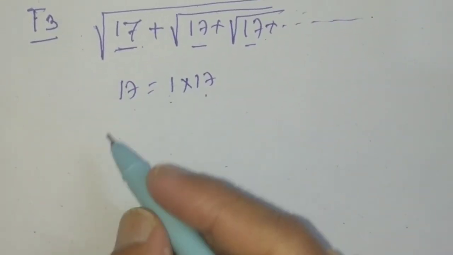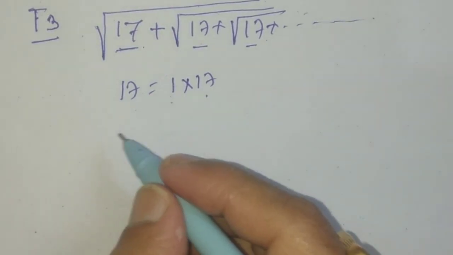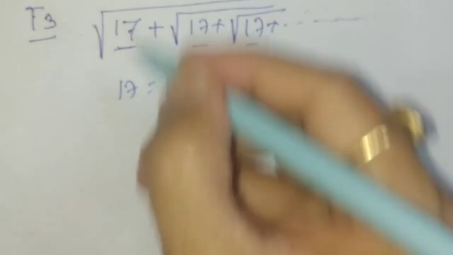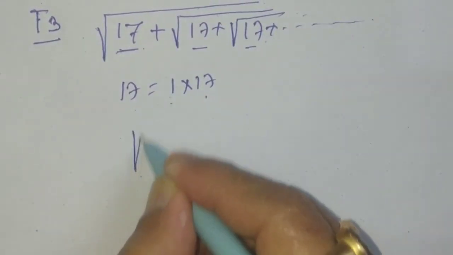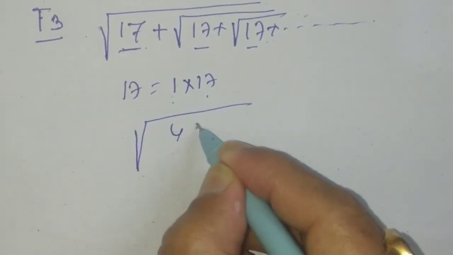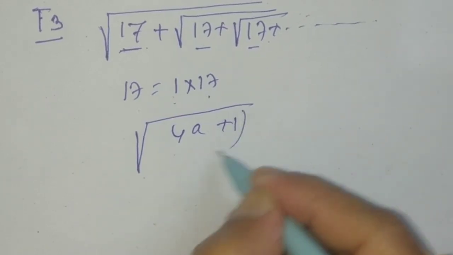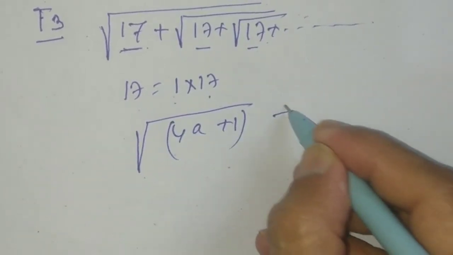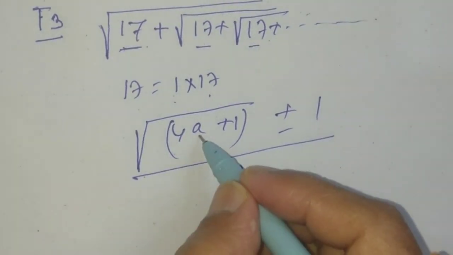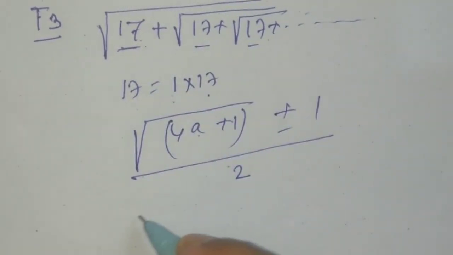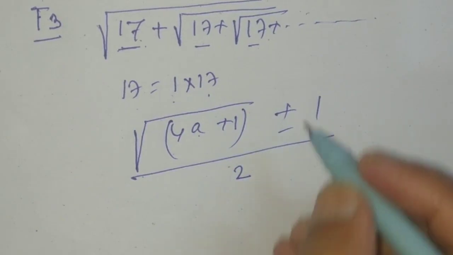In this case, we will use this formula. Remember this formula for the solutions of these questions within a few seconds. The formula is like this: root over 4a plus 1, plus minus 1, divided by 2. A is the 17 here. So what is the answer of this question?